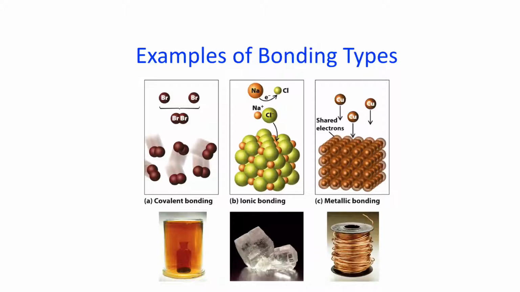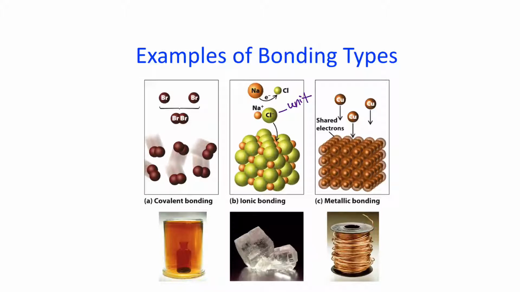So for ionic bonding, what you end up with are ions that are coupled together in a large lattice network as shown here. Each individual unit, an NaCl unit, would be the single ionic bond between sodium and chloride.